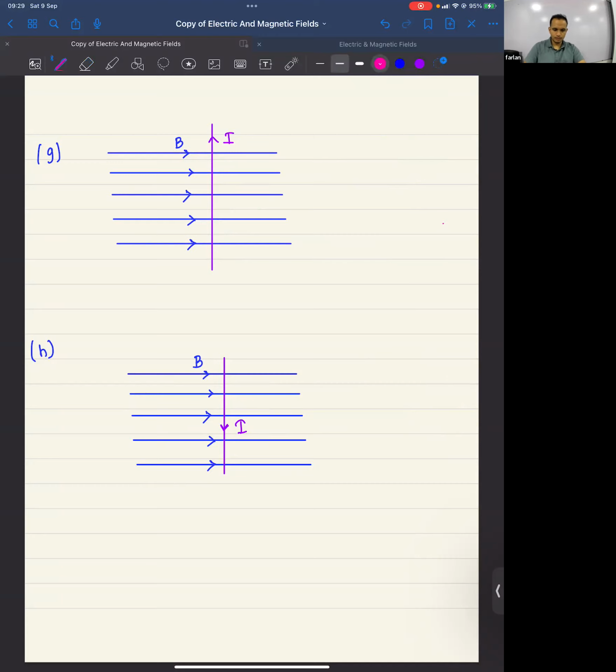G. Current is up, magnetic field is to the right. Which way will be the force? Into the plane of the paper. Part H, current is down, magnetic field is to the right. Which way is the force?